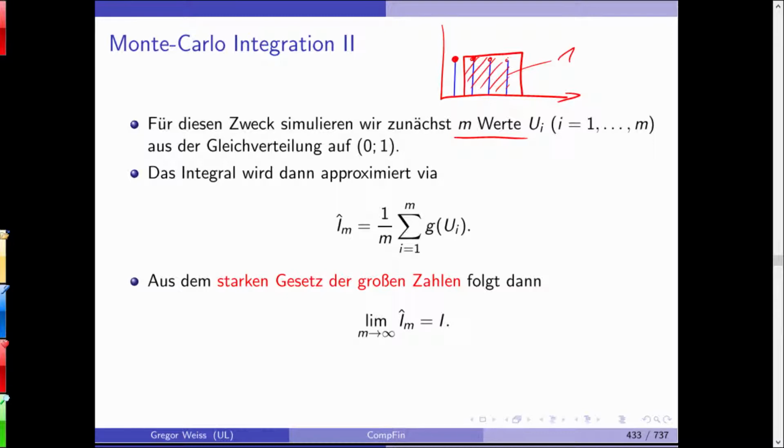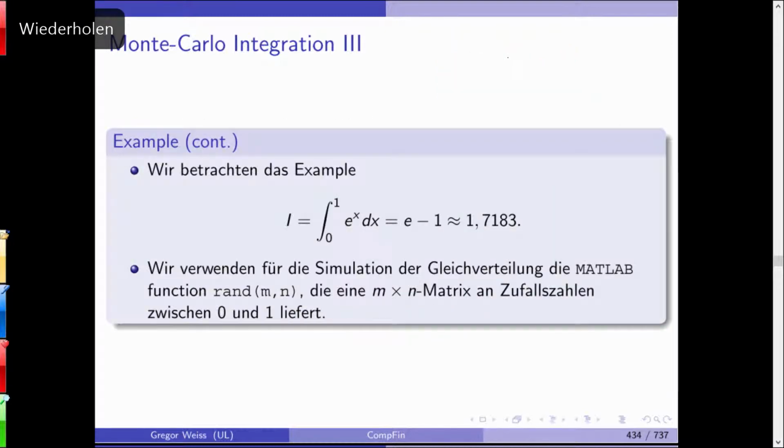So what shall we do? We simply take a uniform random variable, and we simulate from this uniform random variable. We insert those simulated values in the function g. We sum those values up. We divide them by m.